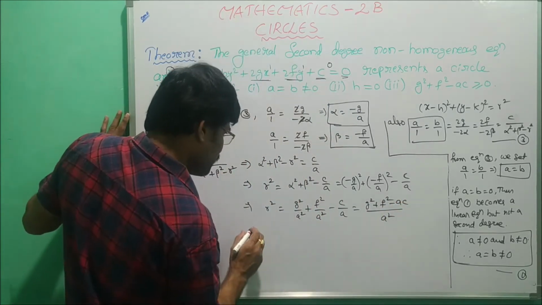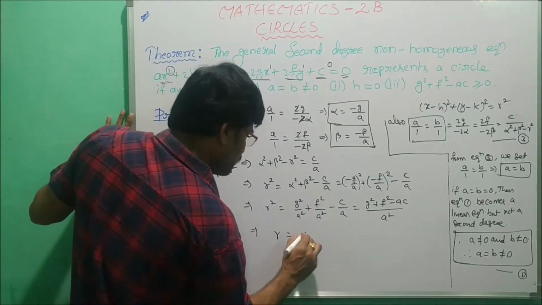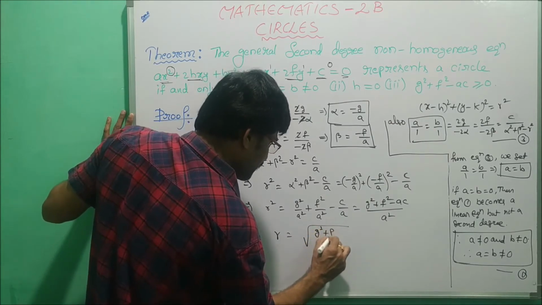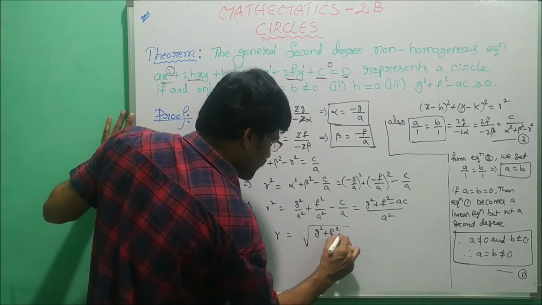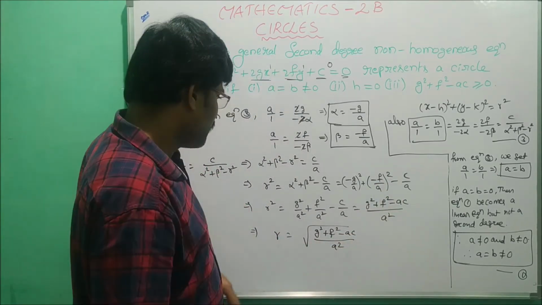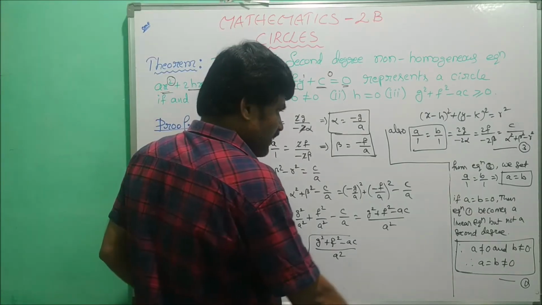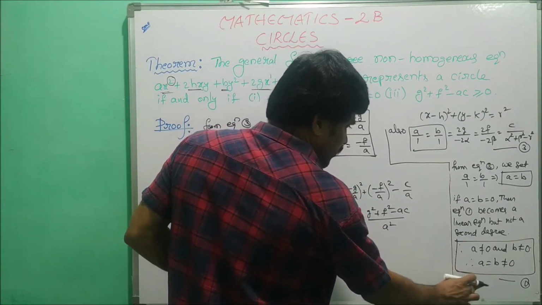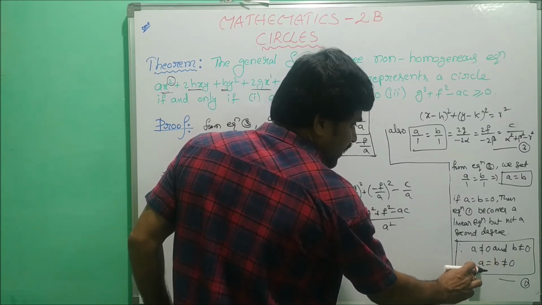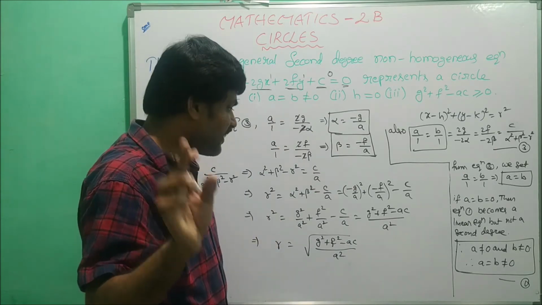Now to find the value of R, we write the square root of g square plus f square minus ac by a square. So this is R. Now here we observe that from condition 1, a is not equal to 0. Squaring on both sides, a square is not equal to 0 means a square is strictly greater than 0.